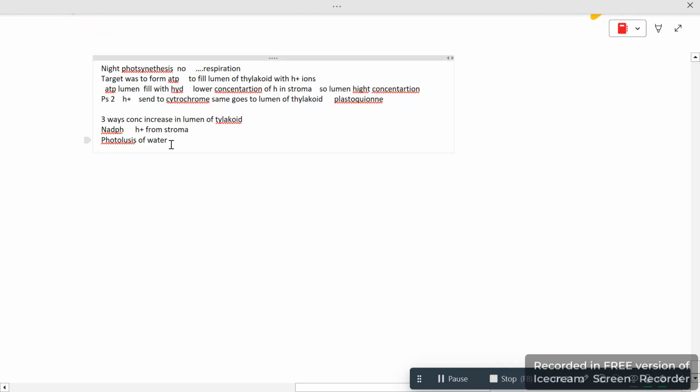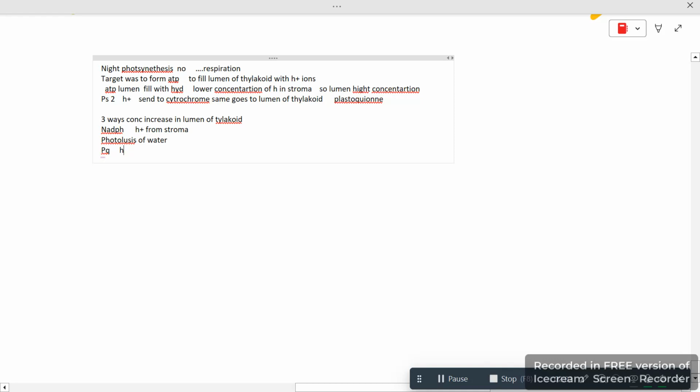The water breaks down and forms H positive, whereas the other products are given to other reactions, and only H positive ions remain in the lumen of the thylakoid, because the lumen is very hungry every time for H positive ions.